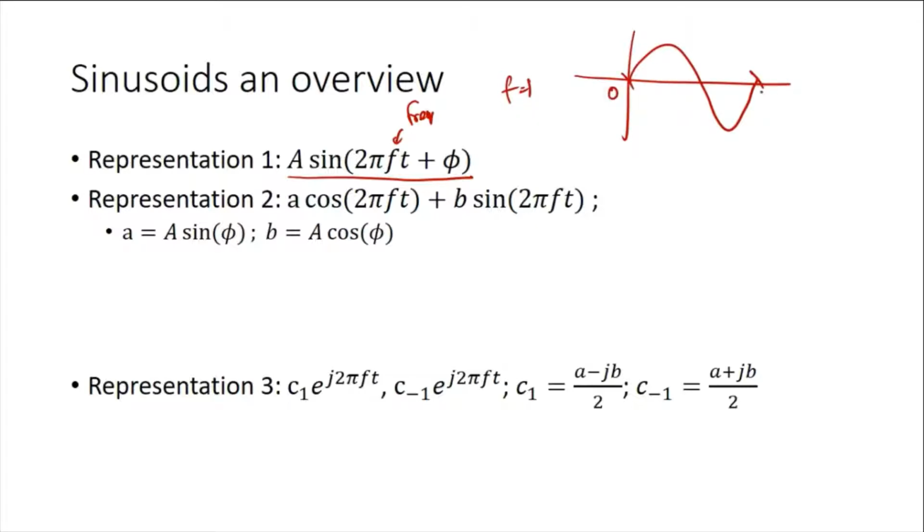So 0, this is 1 second, and this is time. So this is f of t equals sine of 2 pi t. If it is a times sine 2 pi t, the amplitude will be A. And then the phase is basically just a shift of this. So it's probably like, if it is something like this, then this is going to be the phase phi.